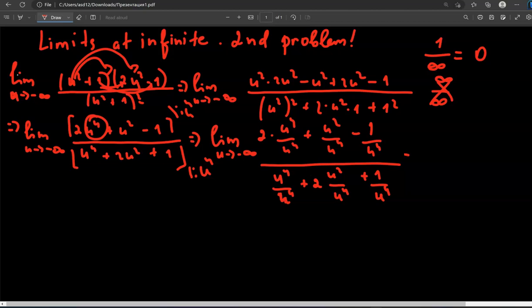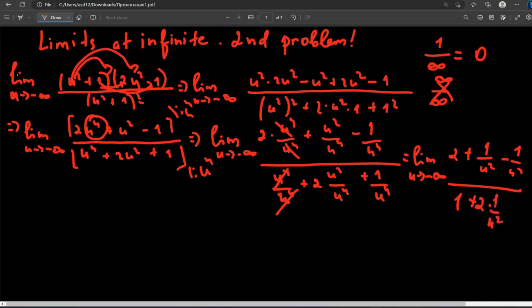So we have the limit as u approaches minus infinity. With this part erased, we have only 2 plus 1 over u squared, and minus 1 over u to the power of 4, divided by 1 plus 2 over u squared, and plus 1 over u to the fourth.